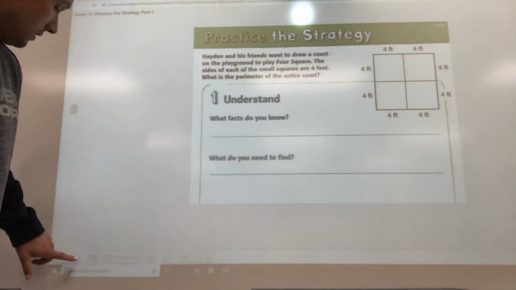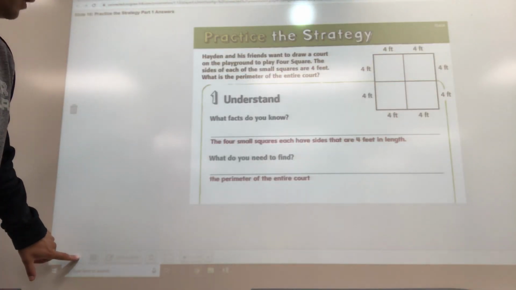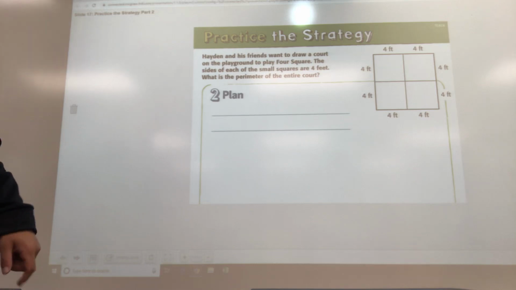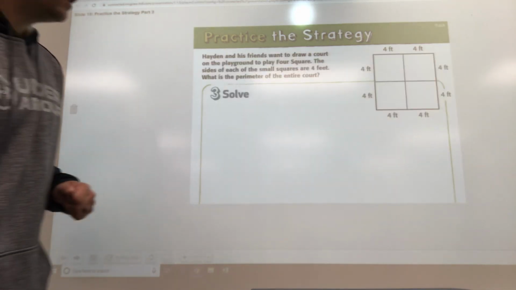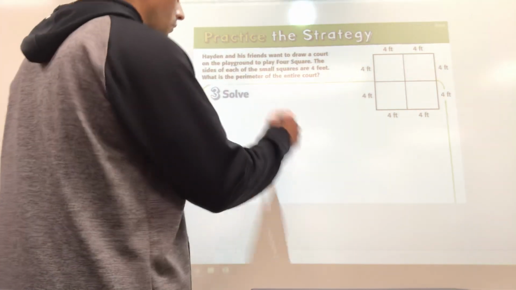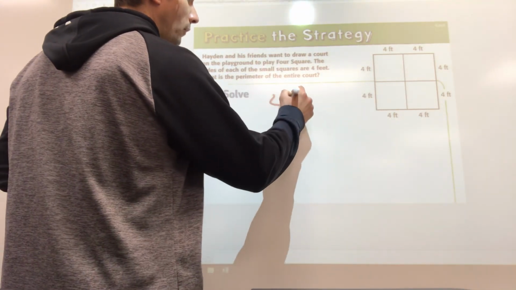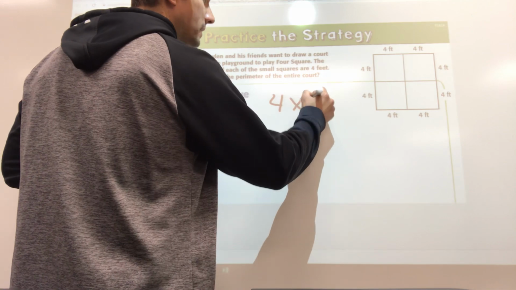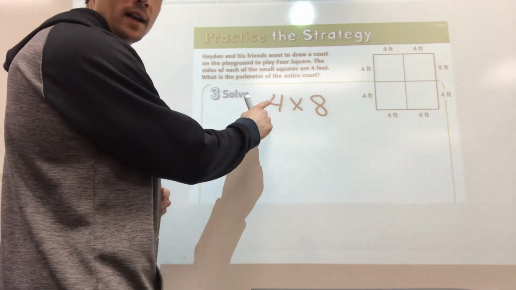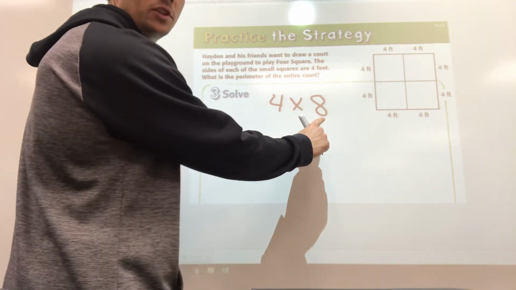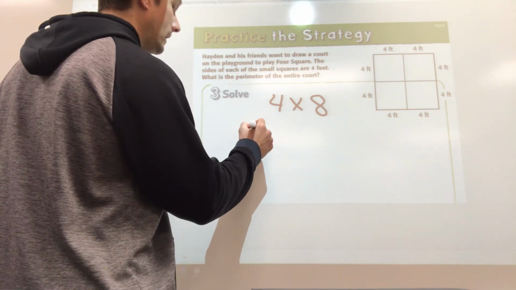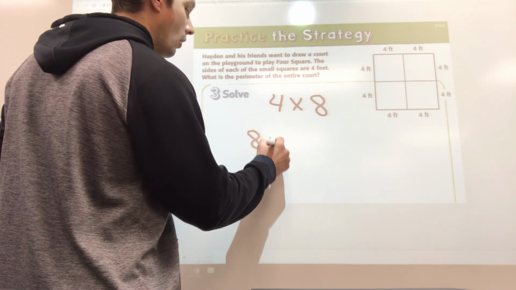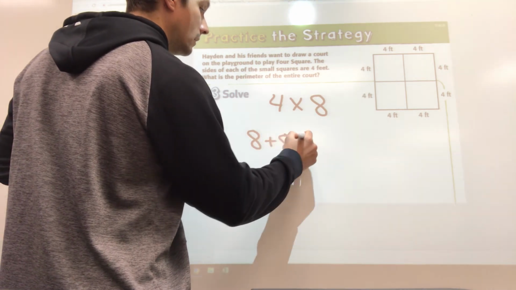So we are finding the perimeter of their four square. I could do 4 times 8 because we've got 4 sides and we know each side length is 8 feet, or I can add up all 4 of the 8s.